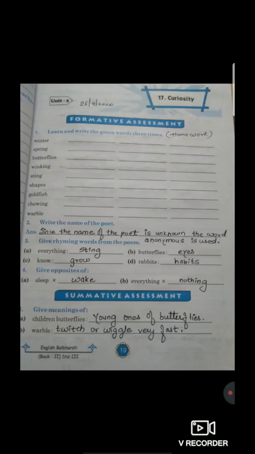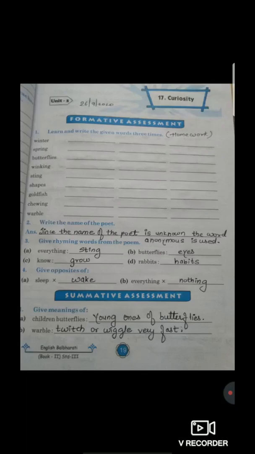Again I am saying question number 1: Learn and write the given words 3 times. In the very first question, there are some new words that you have to write 3 times. Let's see which are those words.